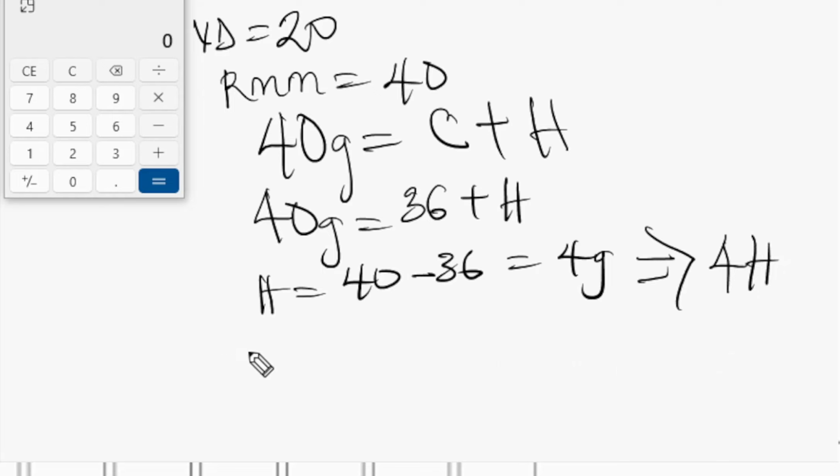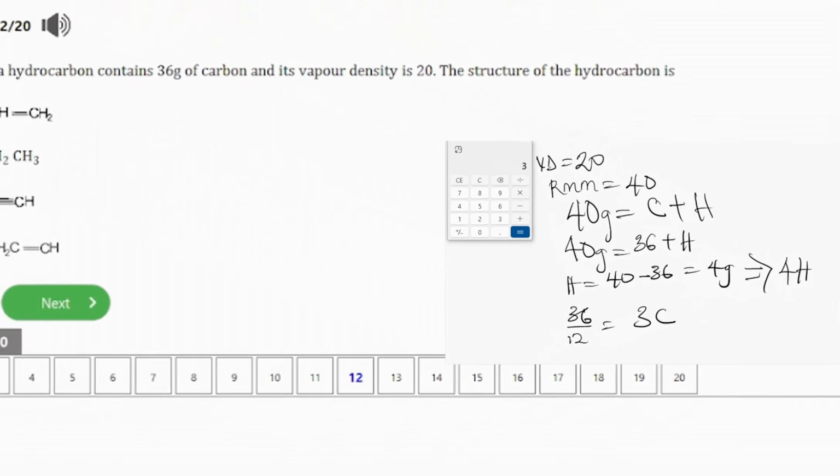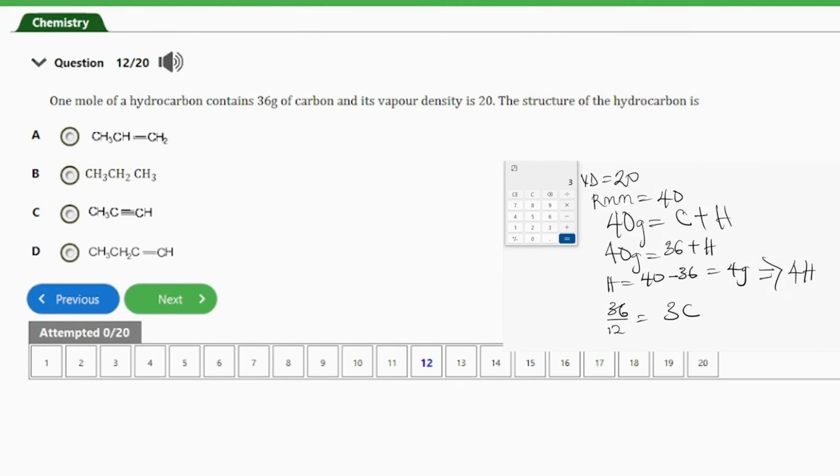Whereas for carbon, if I divide 36 grams of carbon by 12, I'll have 36 over 12, and that's 3. So this compound will also contain 3 carbon atoms. So out of the options, the one that contains 3C and 4H will be the answer to this question. So guys, option C is the correct answer.